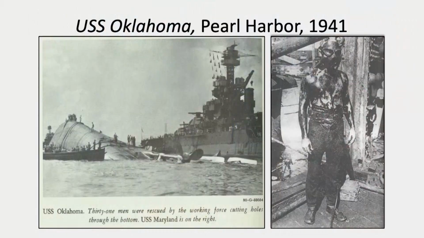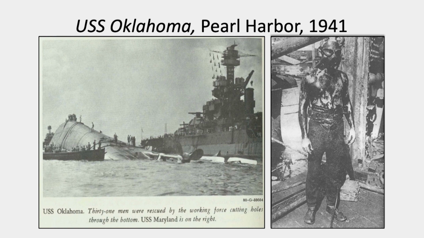All right, so we have some graphics we're going to put up for our viewers. USS Oklahoma, walk us through that. You mentioned it, so what was involved with that? So USS Oklahoma was the battleship that went down in Pearl Harbor on December 7th, 1941, the day of infamy, as everybody knows.